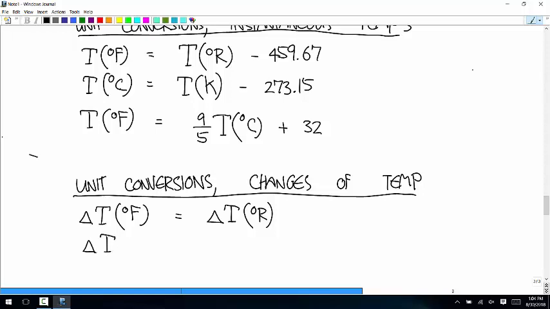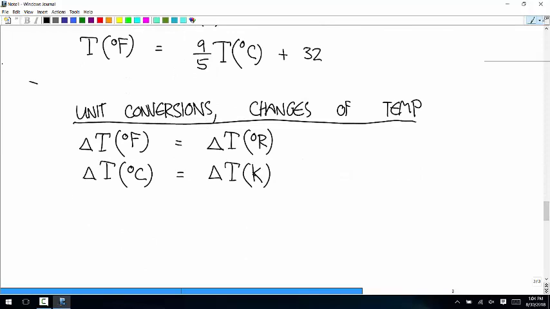The change in temperature in degrees Celsius is equal to the change in temperature in Kelvin. And the change in temperature in Fahrenheit is 9/5 the change in temperature in degrees Celsius. So the constants go away.